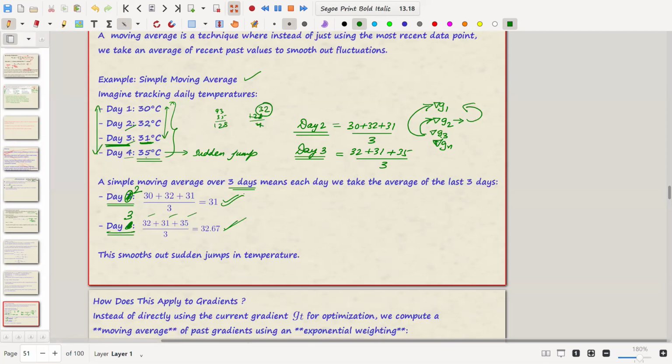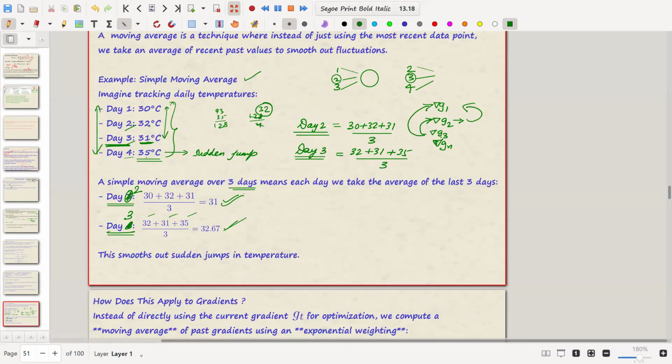That means if you are computing the average of the second one, then all of these values will be added up and the average taken. If you are taking the average of 2, 3, 4, then it is of day 3. That means you are taking the average of all. Fine. But the idea is simple.